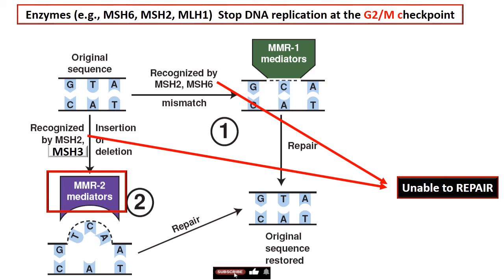If the enzymes of this MSH system, which stop the DNA replication at the G2M checkpoint, are unable to repair the defect of the DNA, they initiate apoptosis.